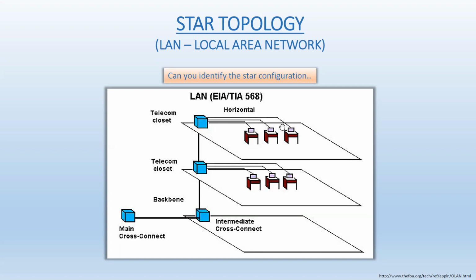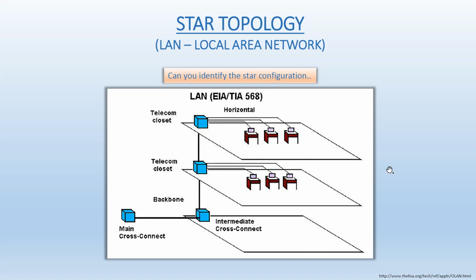So these will be horizontal runs, that home run to one location. And this will be the riser. Right? And that's also considered a backbone, or different backbones that would service a specific LAN, local area network.